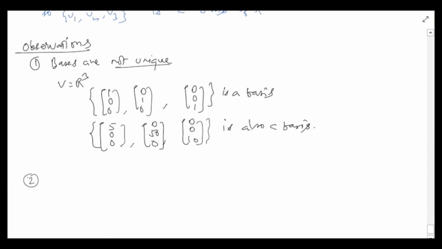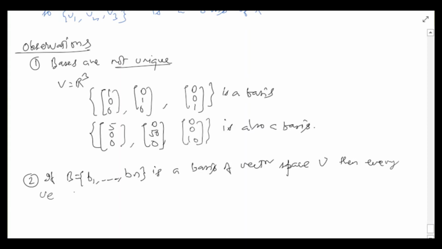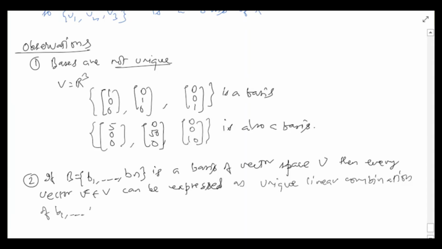Second property is that if B equals b1, b2, up to bn is a basis of a vector space V, then every vector v in V can be expressed as a unique linear combination of b1 up to bn.